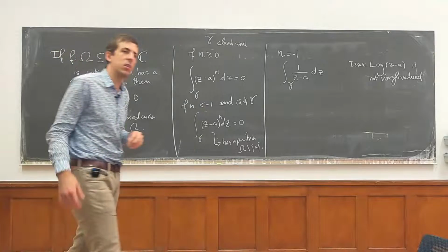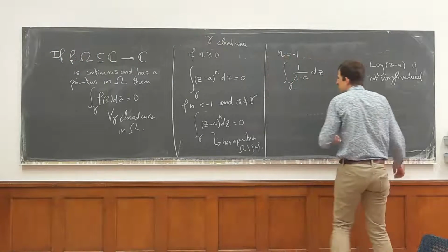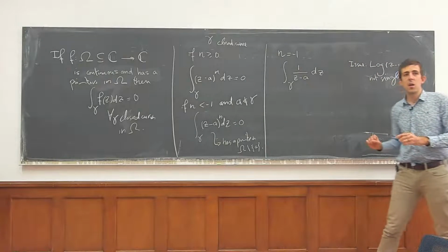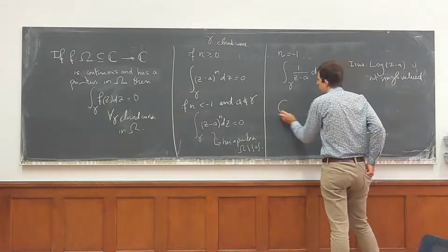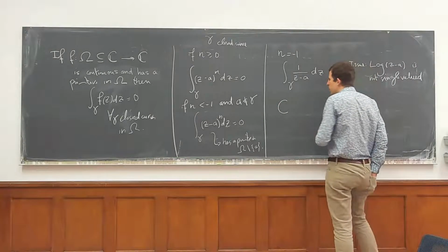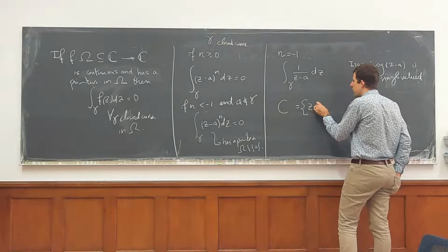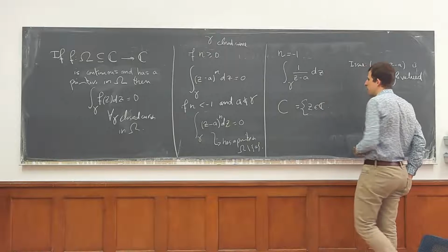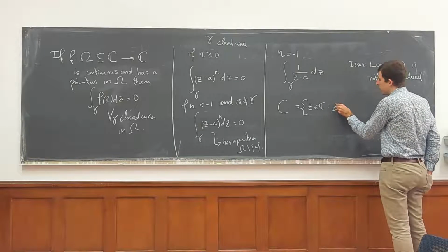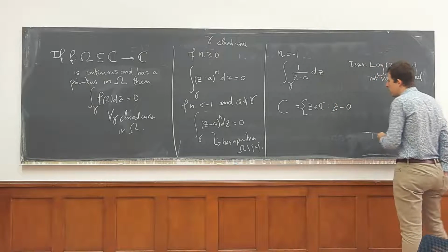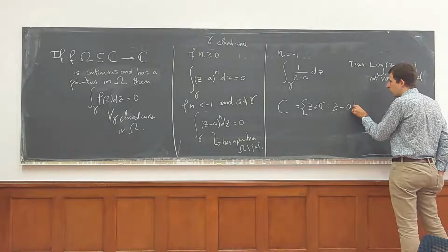But let's do a calculation. Let's integrate over a circle around a with radius r. Let's take a circle: this is going to be the set of points z in the complex plane such that |z minus a| is equal to r.